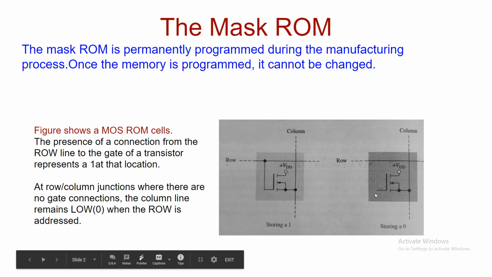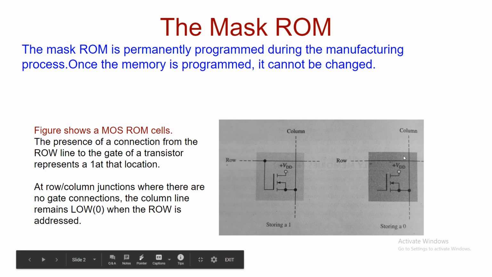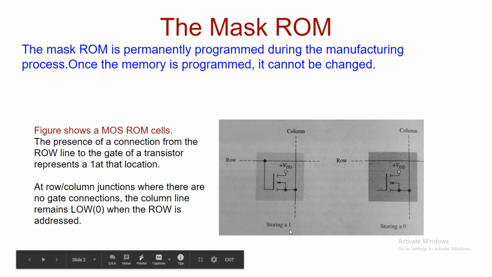If there is no gate connection, the stored data at this location is 0. And if there is a gate connection from the row line to the input of the MOS transistor, then the stored data at that location is 1.